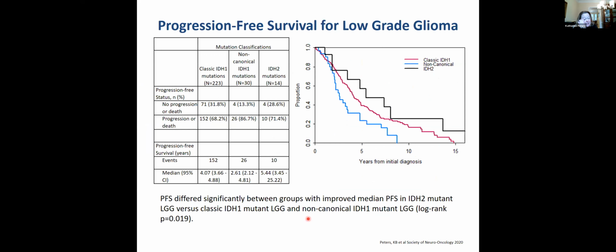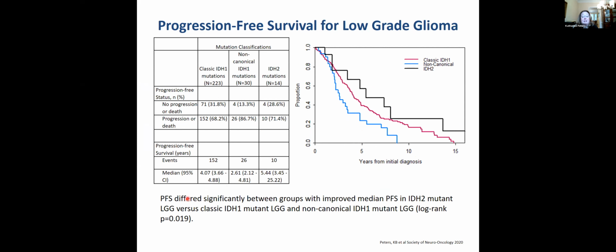We next did analysis of time-to-event endpoints. I wanted to focus in on progression-free survival because this is a key endpoint for low-grade gliomas, because it often drives when we start interventions for our patients, based on the time that they progress. So this is an example of progression-free survival rate.